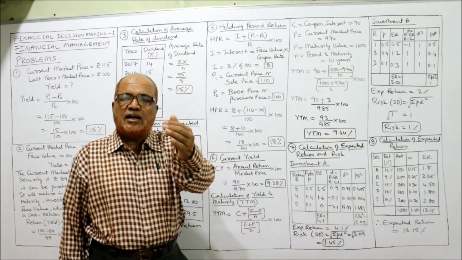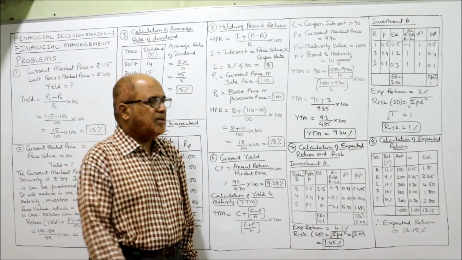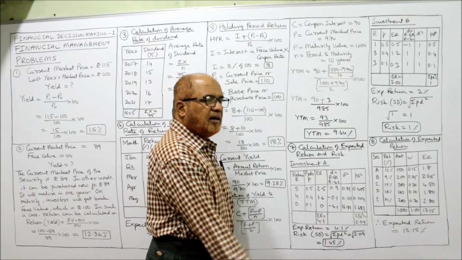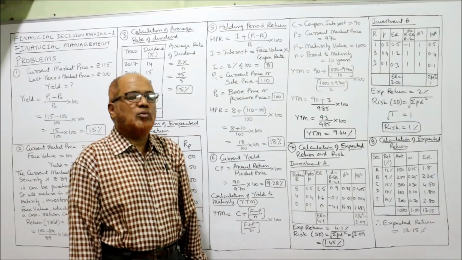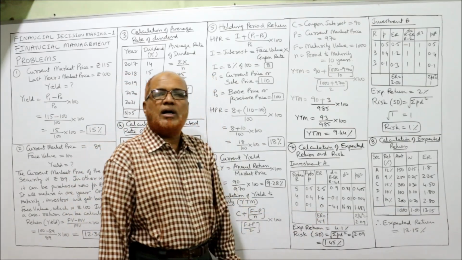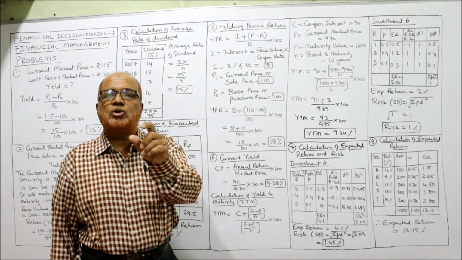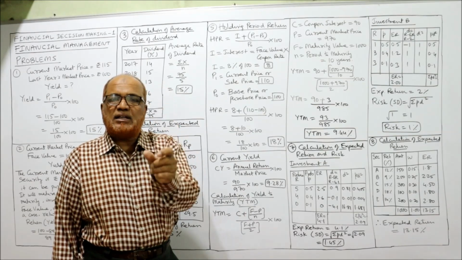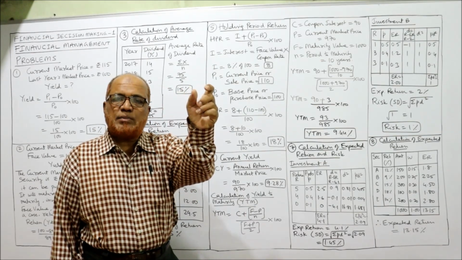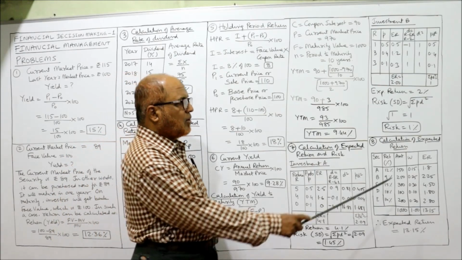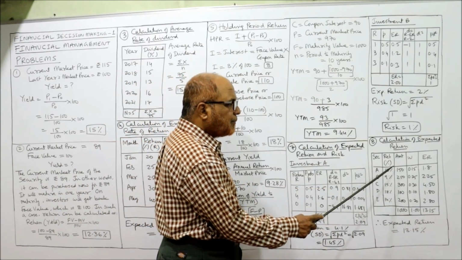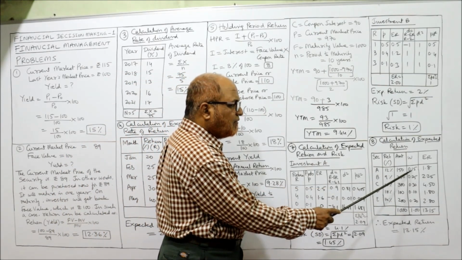Then 300 divided by 1000, 0.30. Then 100 divided by 1000, 0.10. Last one 200 divided by 1000, 0.20. So we have calculated the weight. Now multiply the return with the weight.